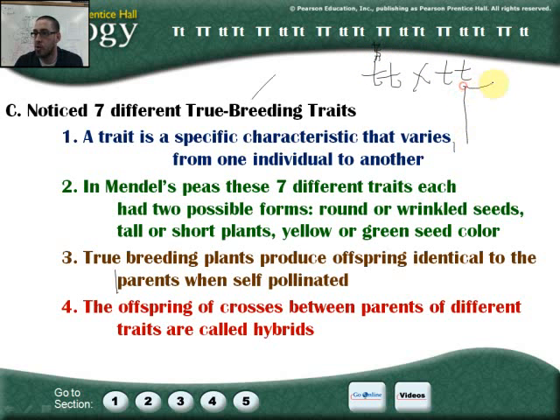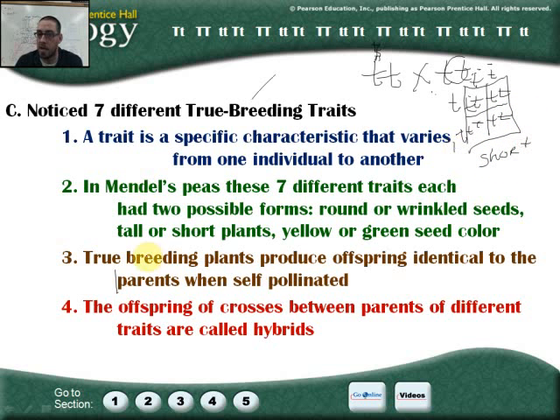If we were to cross 2 homozygous recessive short plants, we segregate the t's, so these are now right here, each one, and then we bring them down and represent them in here. Every single one of the offspring for these homozygous recessive ends up being 100% short.